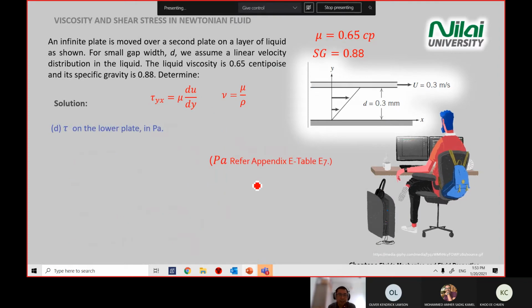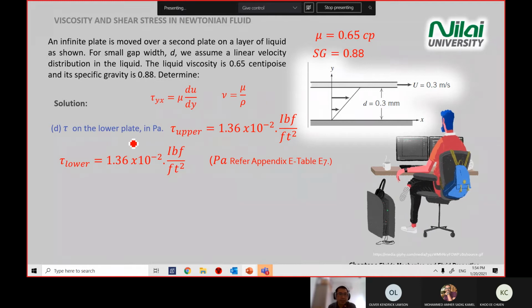Then we go for D. For D, we refer to the value we get from section C. In section C we got for upper 1.6 times 10 power negative 2 pound over feet square. So lower will get the same magnitude also, because we have a Newtonian fluid here, and because it says that we have a linear velocity distribution here.